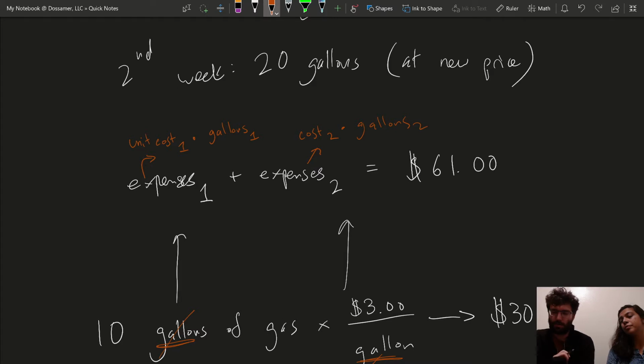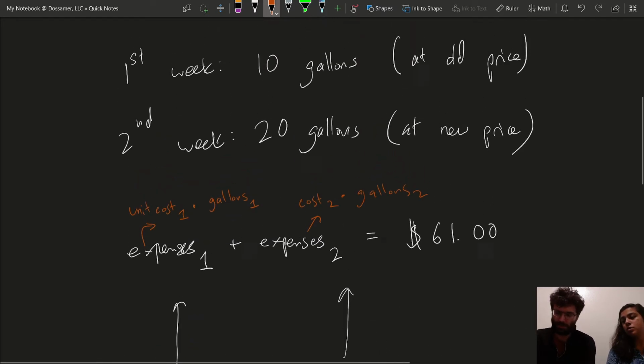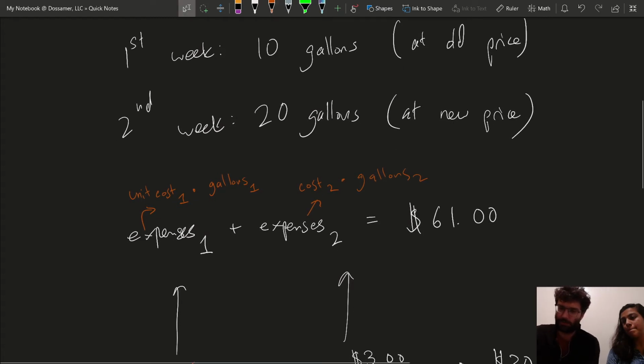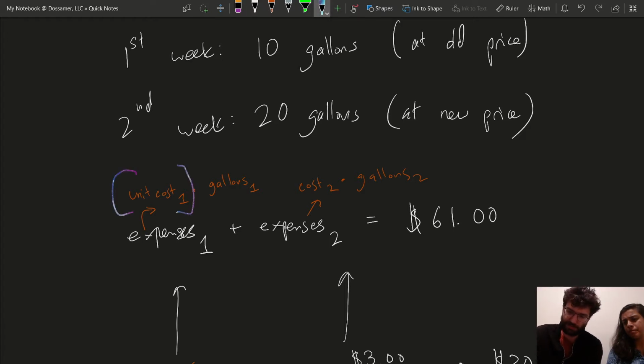We have the costs from the second week and the gallons from the second week. And so that's almost enough now to solve the whole problem, because we have most of the pieces of information so that we can just plug them in.